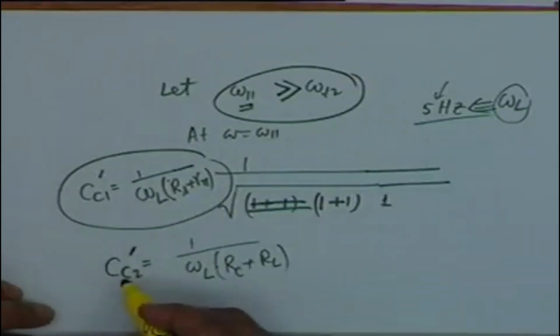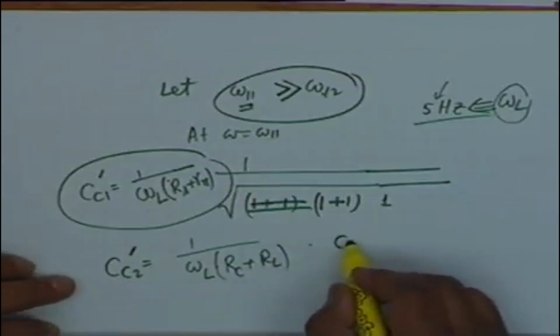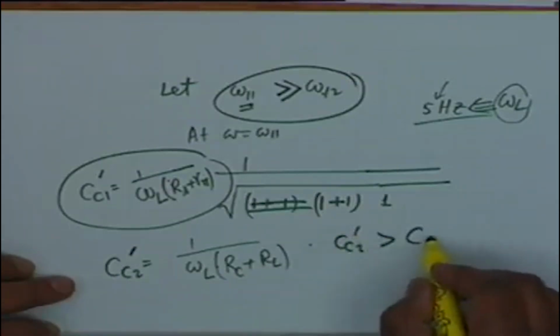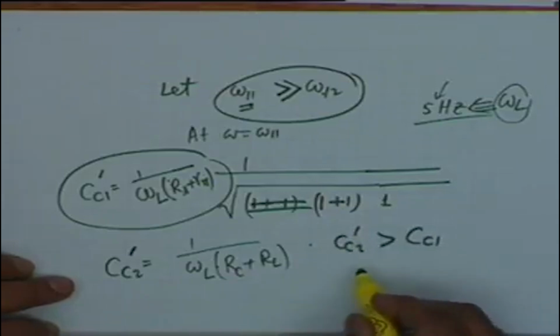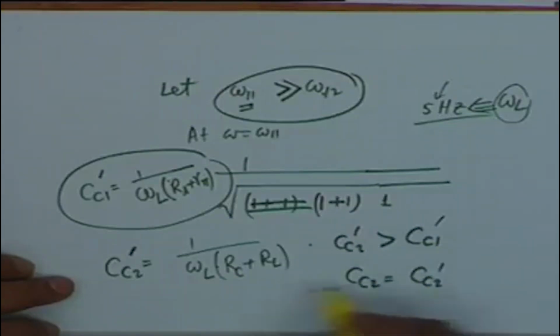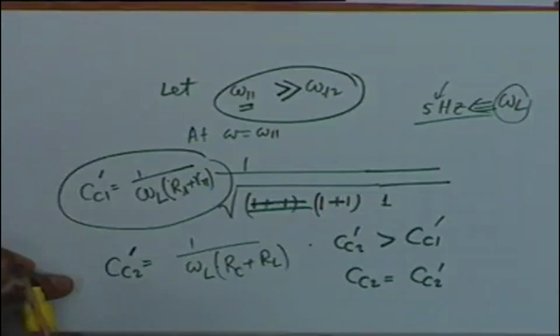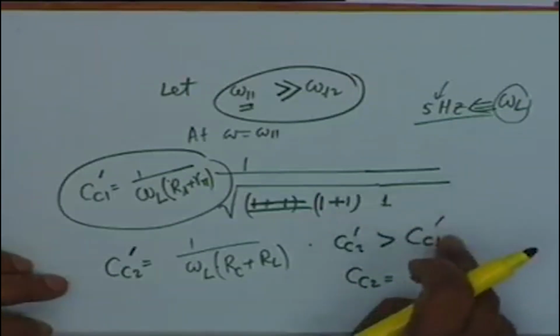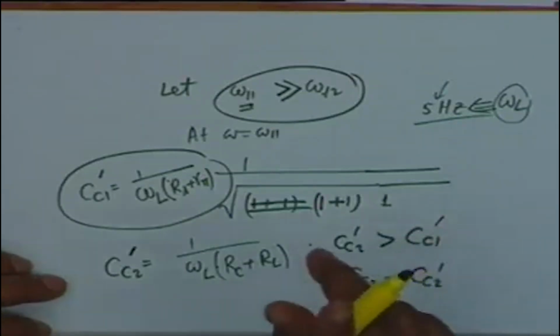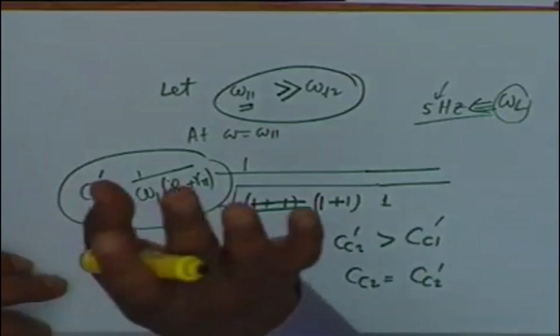Then from these two, I find out which one is larger. Suppose CC2 prime is larger. If CC2 prime is greater than CC1, then I put CC2 equal to CC2 prime, whatever the calculated value is, and I increase the other capacitor at least 5 times. 3 is a good figure, but to be on the safe side I increase 5 times.